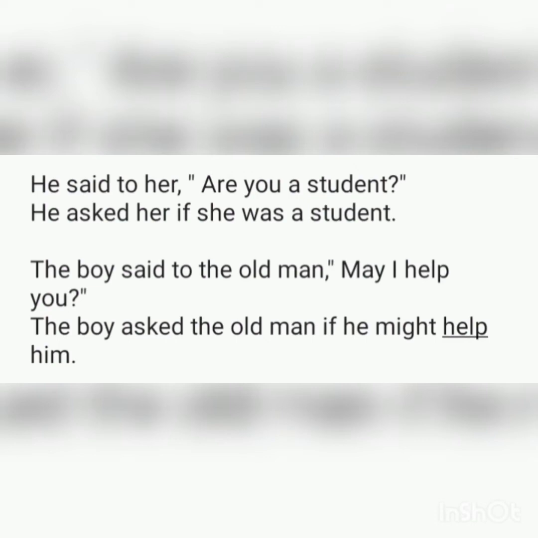Now let's change into indirect speech. The boy asked the old man if, and I belongs to the old man, which is male gender, so we'll change into he. May will change into might, and help, we don't need to change help again. Once may is changed into might, no need to change help him. The boy asked the old man if he might help him.